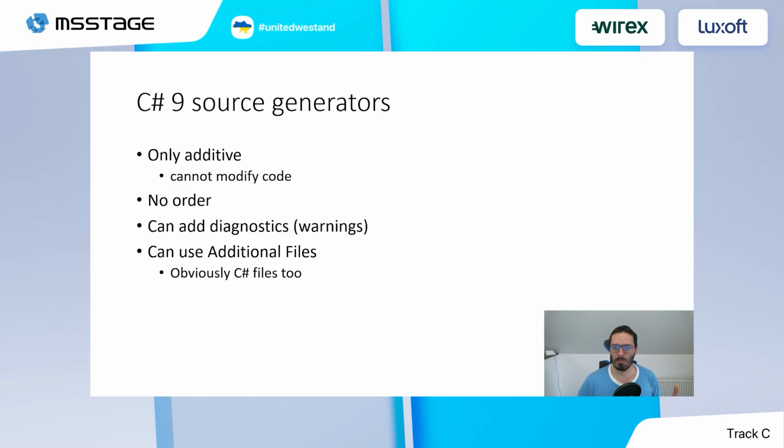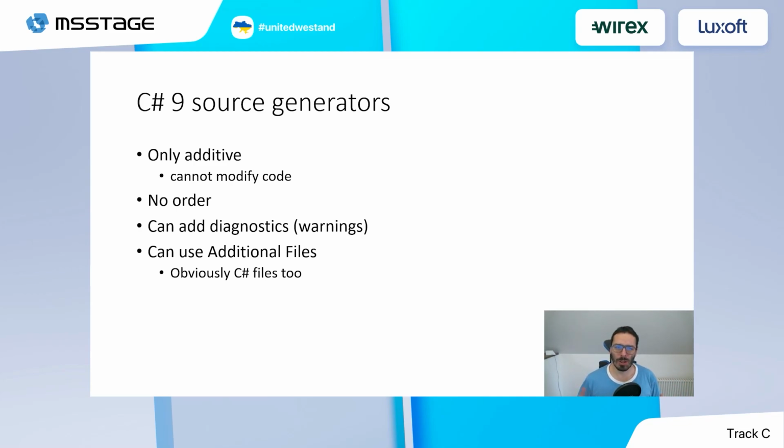So even if I generate some extra interfaces, extra methods, the other source generators will never see that, because all the generators are running on the same state. That's the state I started with: I stopped typing, I pressed F5, or I pressed build, and at this point, all the source generators see the same code, so you cannot see what was generated.